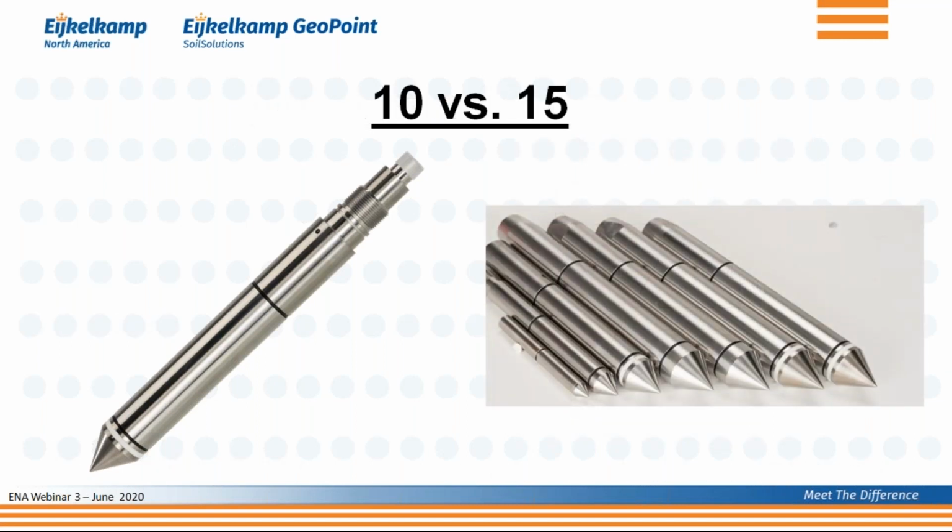So let's then move to the first item, which is 10 versus 15. What you see here is a little bit of information about the standard rods again, and an explanation of why we're using 10 versus 15, where those numbers are coming from. As I told you before, a standard CPT tube has a diameter of 36 millimeters, which is 1.44 inches.